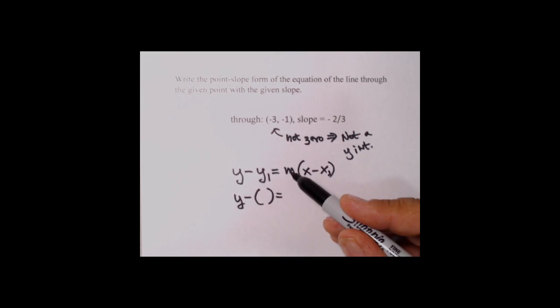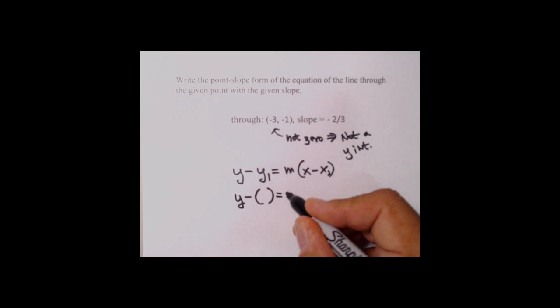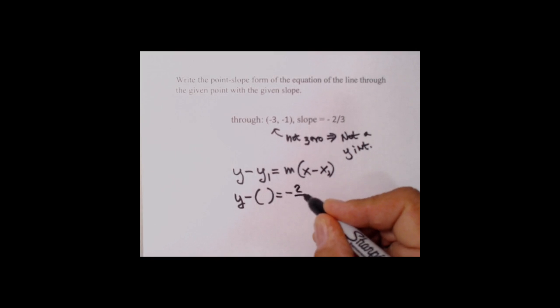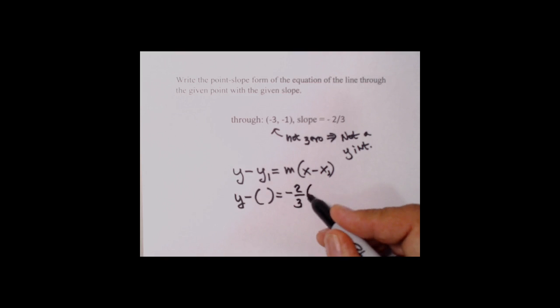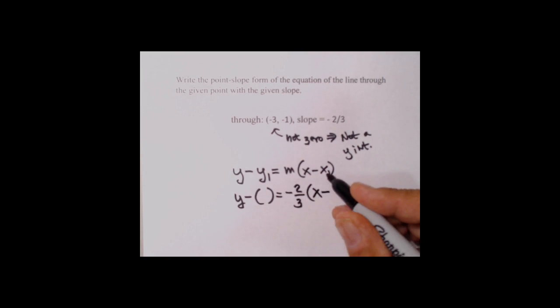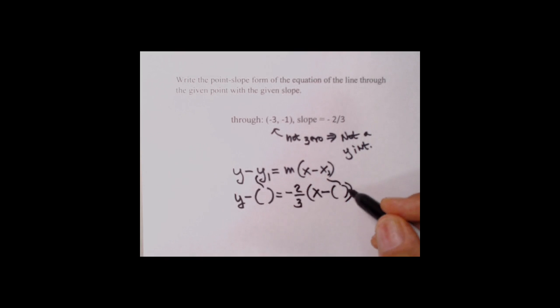Now the m is right out in front of the parens here, so you can just write that down as you go by. It's going to be negative 2/3 in this problem. There's our m. And then in parens we have the regular x, but then we want to make a hole for x1. Here it is. Okay, and there's the right paren here. So we got a hole for y1 and a hole for x1.